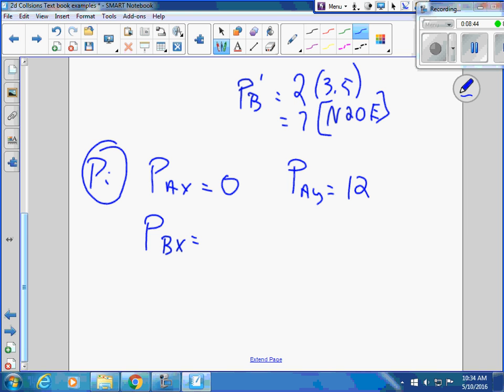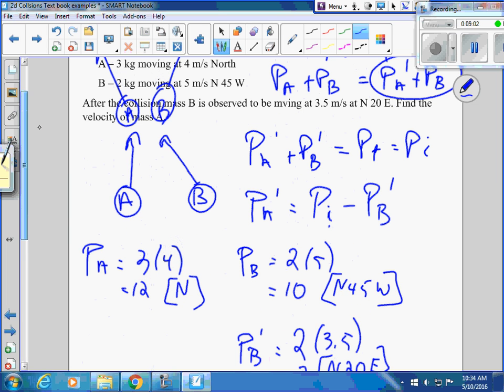Momentum of Bx is what? 10. It's going to be sine of north 45 west, right? North 45 west. So the x's, they're both going to be the same, right?